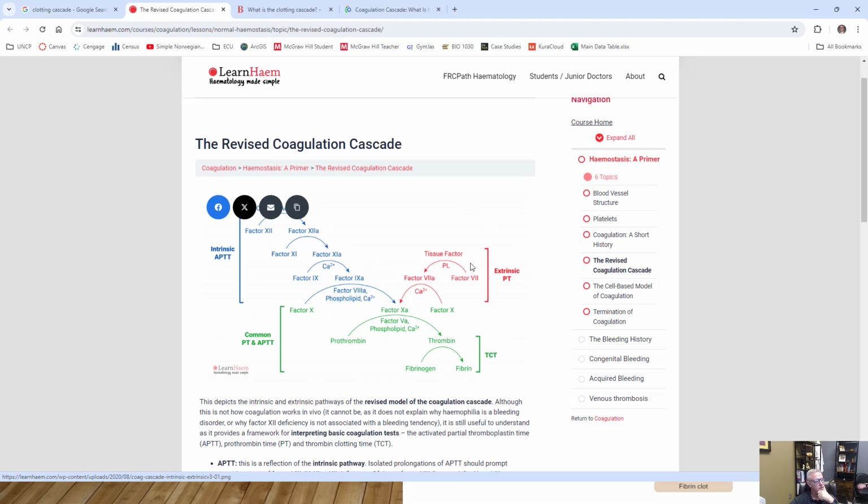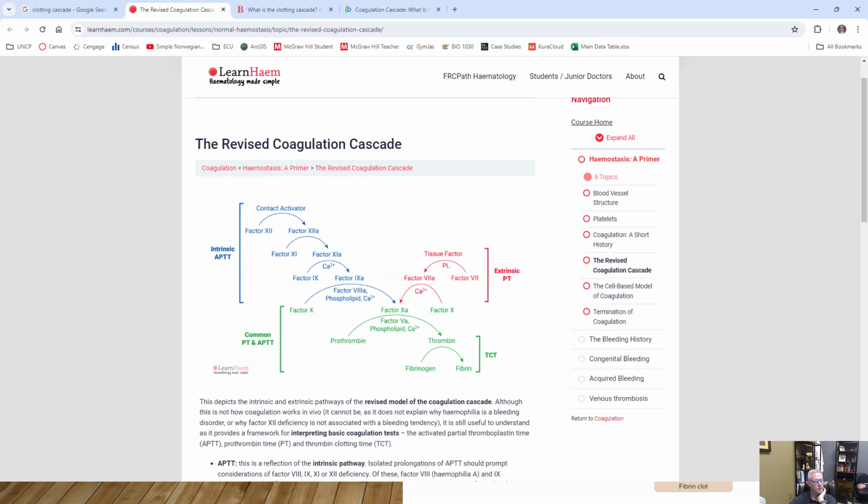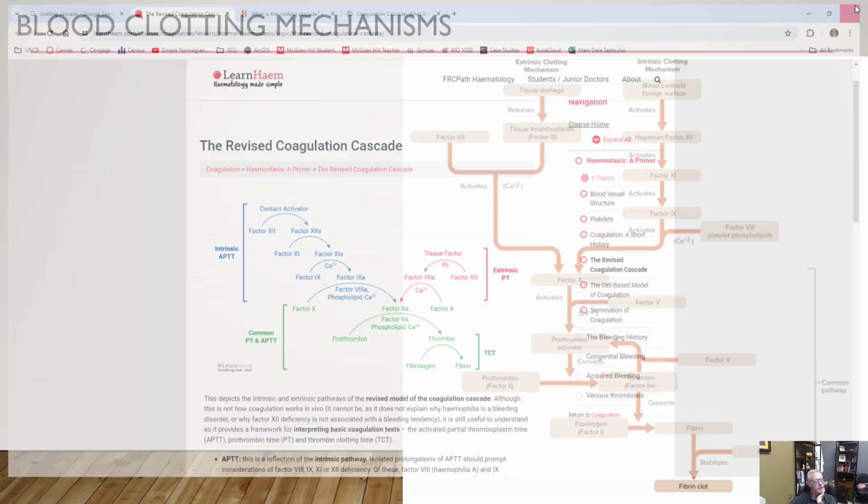I like it because it's color coded, and I also like it because it has your catalyst enzymes on there too. What I have here is more what the textbook has, but I like this version a little bit better. So pick one and learn it.